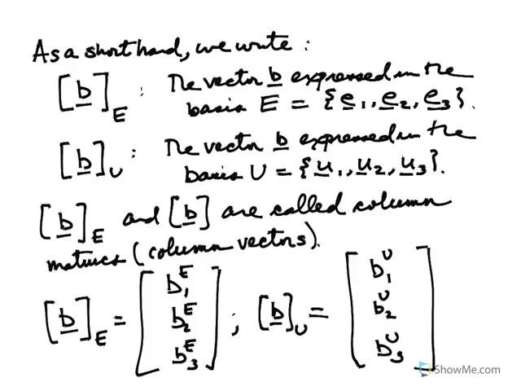Now, let's suppose that we want to find a relationship between these two column matrices. These column matrices are of course relatable through this thing that I've defined, which is a coordinate transformation. So let's start by writing these out.